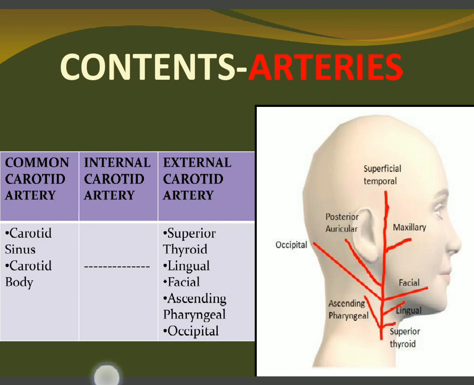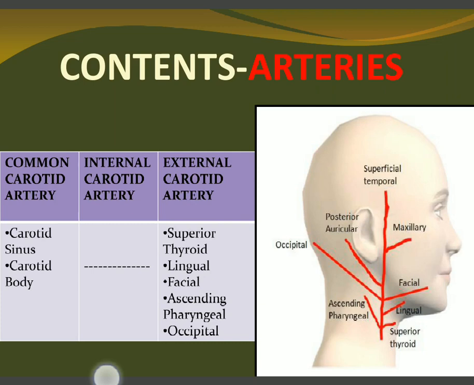In this figure, you can see all the branches of the external carotid artery, and you can remember the branches with the help of a mnemonic: Some Anatomists Like Freaking Out Poor Medical Students. That is the mnemonic for memorizing the branches of the external carotid.